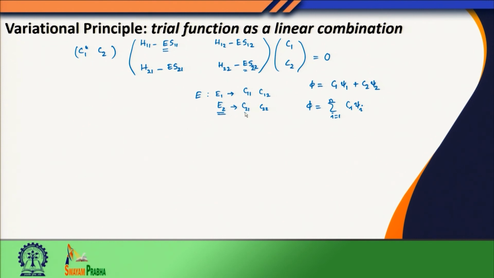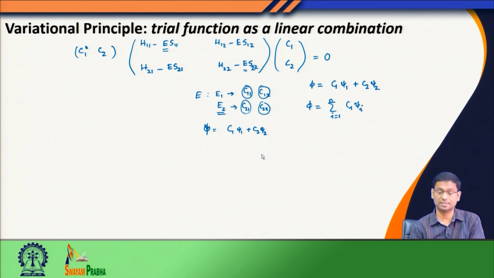Once I know these coefficients, I can write down the corresponding wave functions, because the wave function is simply C1 psi 1 plus C2 psi 2. So, as soon as we have C1 and C2, we can write down our total trial function, because that trial function is the linear combination, and the energy comes out by diagonalization.